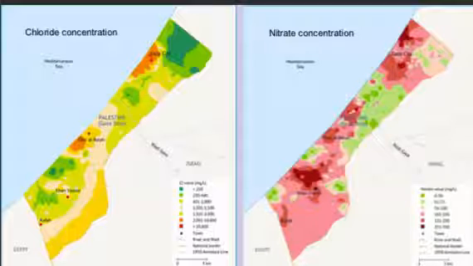There's been a blockade in place since 2007, which has prevented any materials from being imported that could help rebuild damaged infrastructure that could treat the wastewater and allow people to have more access to safer water.